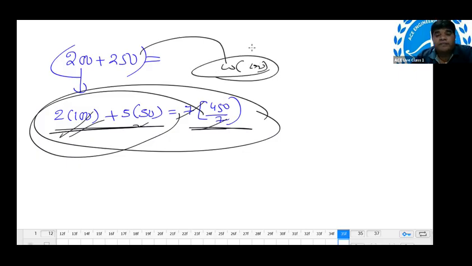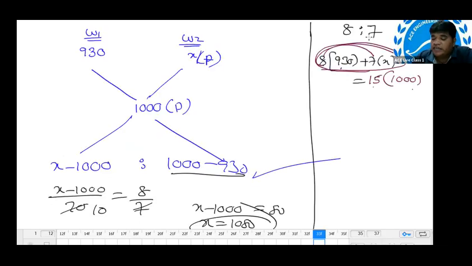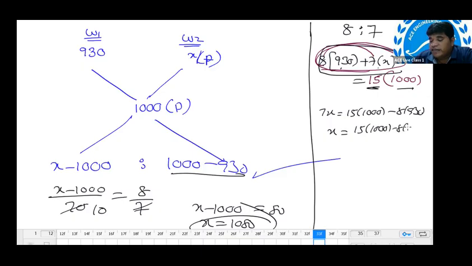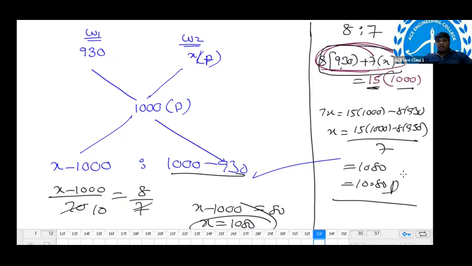Here individually 8 into 930 and 7 into x equal the total 15 kg at an average price of 1000. After simplification, 7x is equal to 15 into 1000 minus 8 into 930. So x is equal to 15 into 1000 minus 8 into 930 upon 7, which is 1080. That is 10 rupee 80 paisa. Okay, sir.